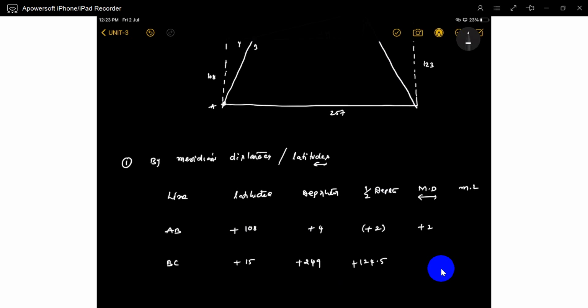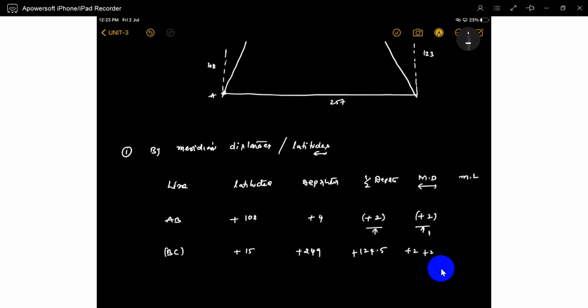The meridian distance of the BC line is what? The meridian distance of the previous line, plus half of the departure of the previous line, plus half of the departure of this line.